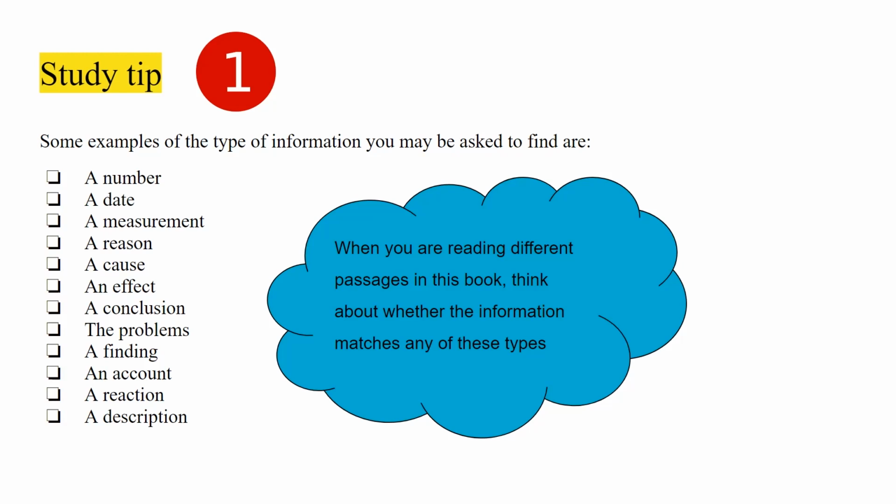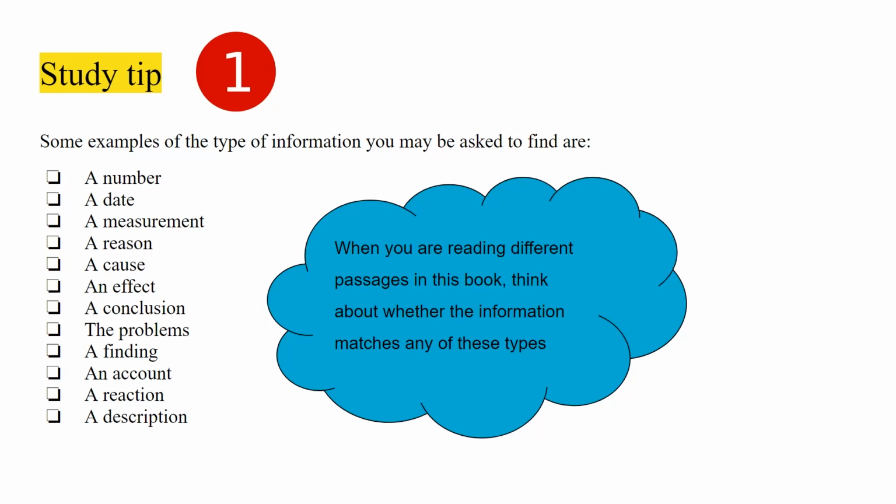Some examples of the type of information you may be asked to find are a number, a date, a measurement, a reason, a cause, an effect, a conclusion, the problems, a finding, an account, a reaction, a description. So these are the possible types of information we may be asked to find, especially in the reading section.